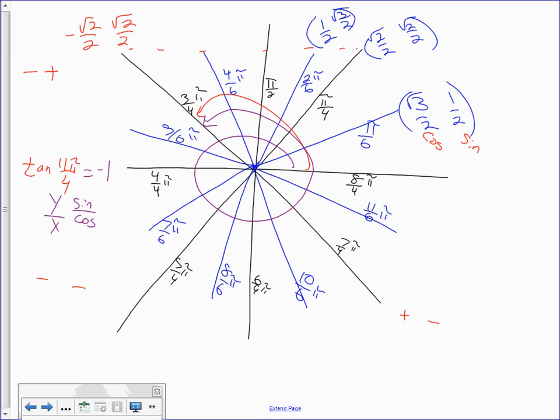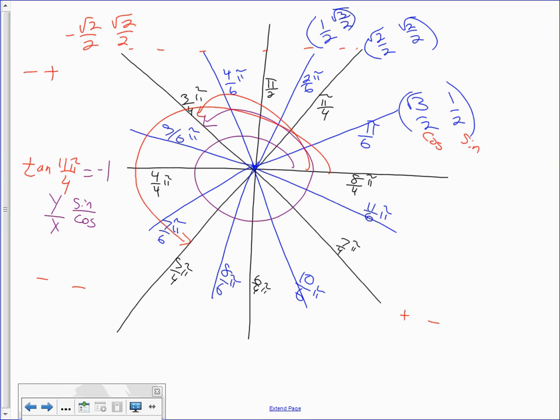Let's see. The other one on here is secant 225. Well, figure out what quadrant 225 is in and how many degrees. Well, obviously, it's 180. Add in a 45. So the secant of 225 is down here at 5 pi over 4.